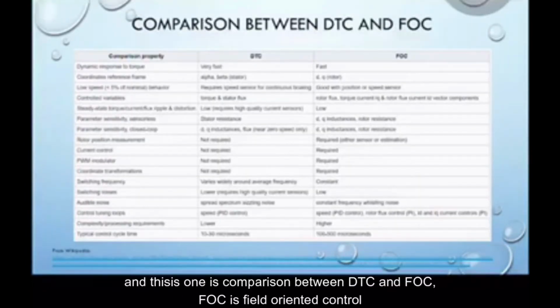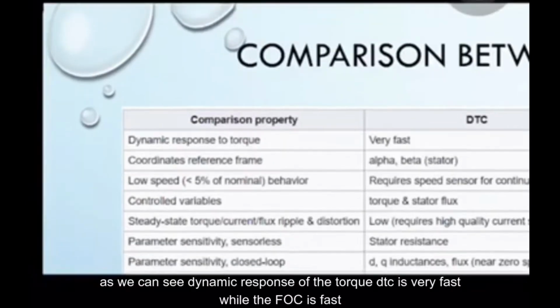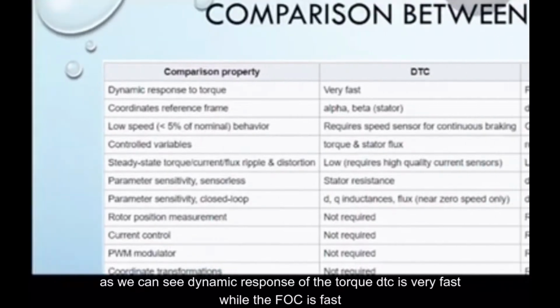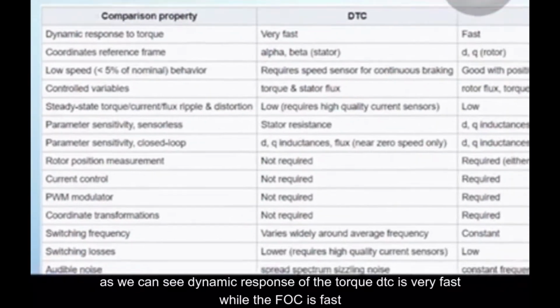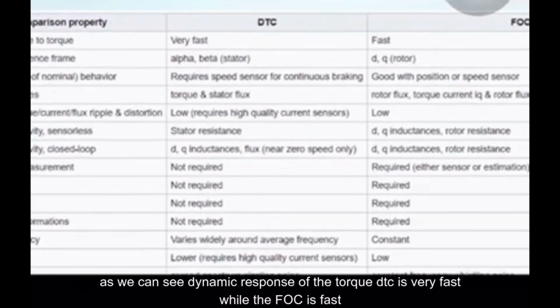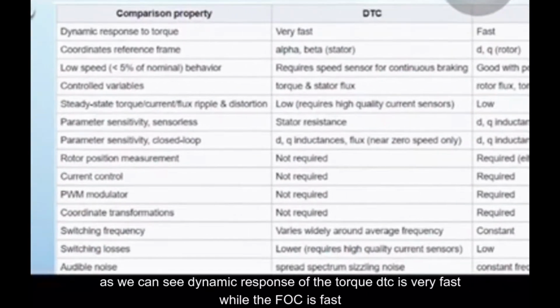And this one is a comparison between DTC and FOC. FOC is field oriented control. As we can see, the dynamic response for the torque for DTC is very fast, while for FOC it is fast.